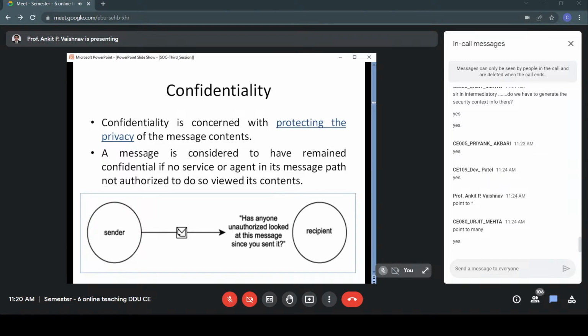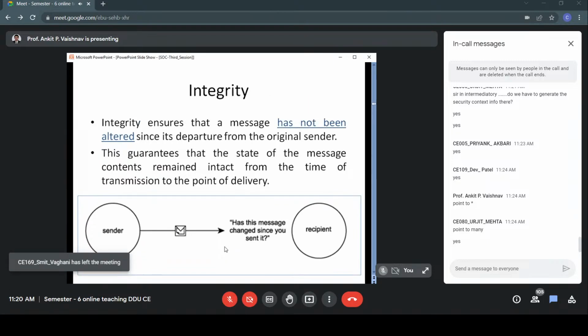So depending upon the SOAP header information, your message will keep on navigating through multiple hops, and then finally it will reach the destination, right? So message path can be longer in case of SOA, right? So during the message path, we want to ensure that the message is not read by someone unauthorized, and that is called confidentiality. Fine. Next is integrity.